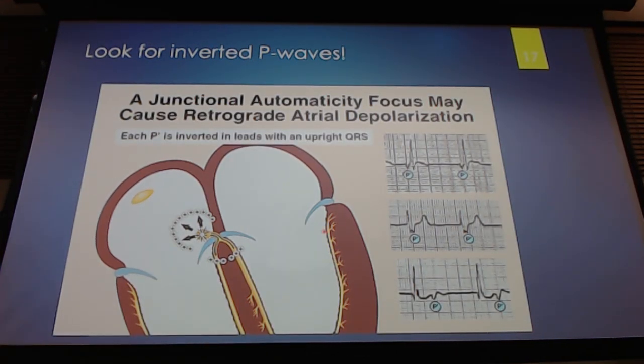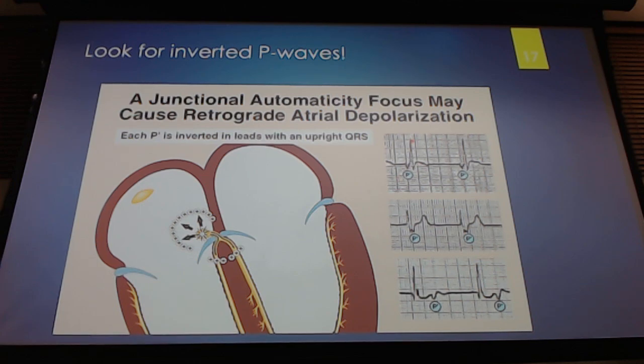We're going to look for those inverted P waves from retrograde atrial depolarization, depending on what area around that AV node is taking over depolarization. If it's lower in the bundle of His that's taking over the pacing responsibility, you're probably not going to see that retrograde atrial depolarization. If it's up higher around that AV node, you're more likely to see those retrograde P waves.